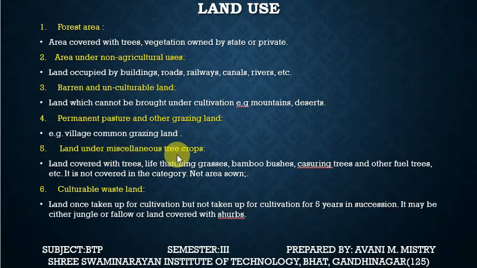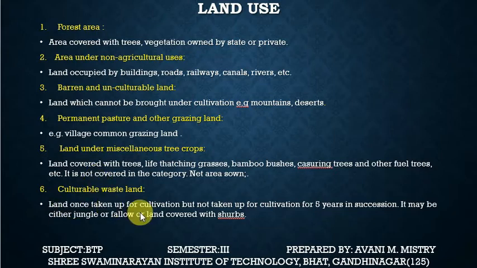Land under miscellaneous tree crops, that means land covered with trees, groves, grasses, bamboo bushes, then cluster trees and other fruit trees, etc. It is not covered in the category net area sown. And next one is cultivable wasteland.